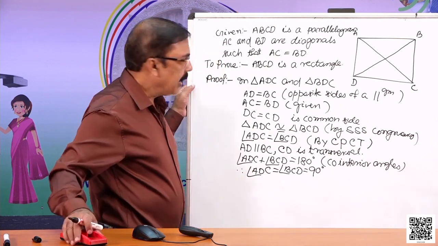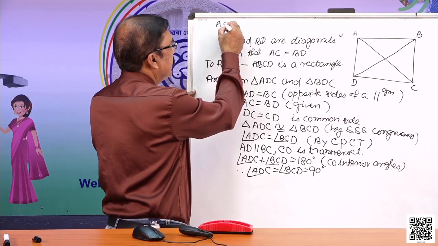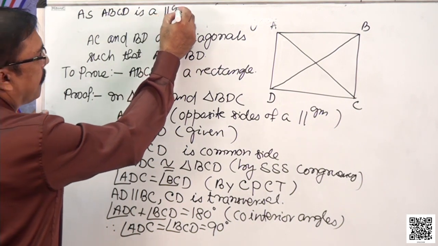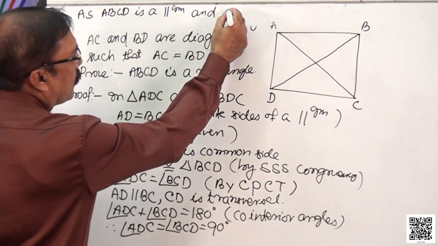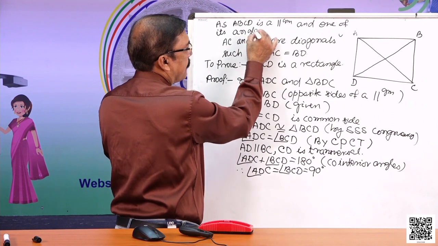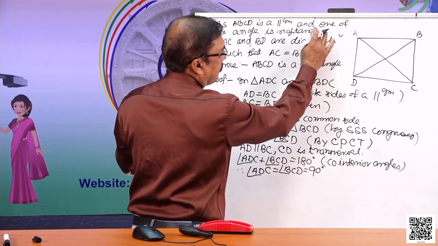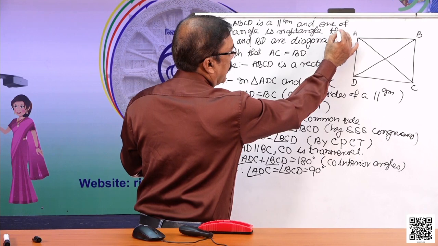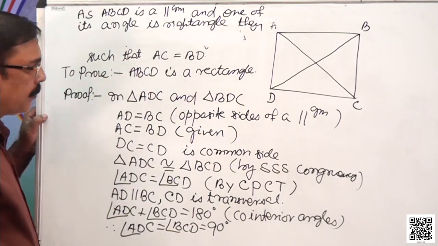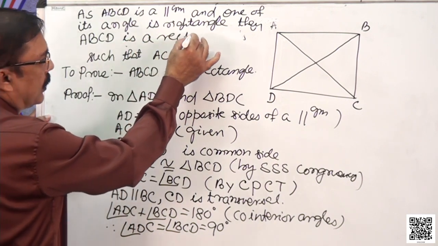So we can write, as ABCD is a parallelogram and one of its angles is a right angle, then ABCD is a rectangle.